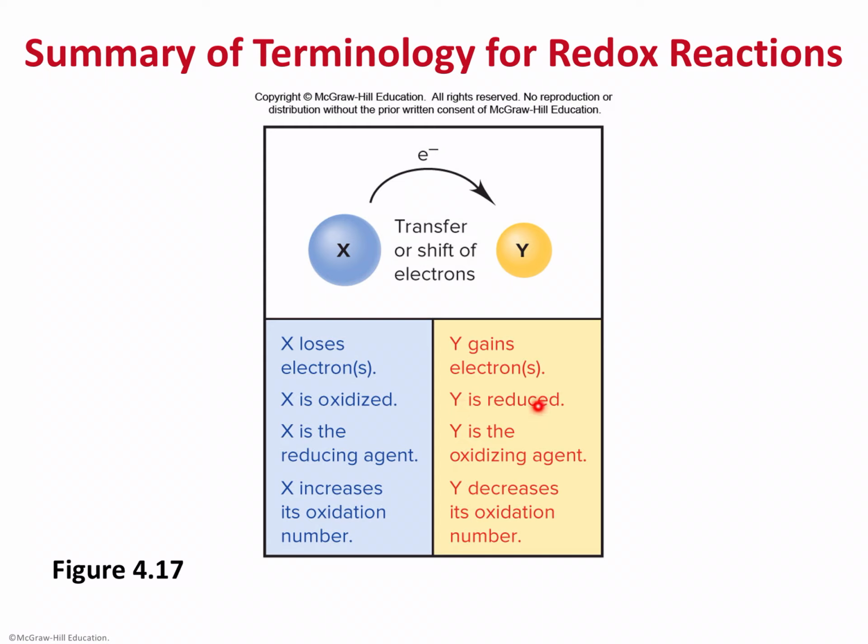And then since Y is helping X to oxidize, we call Y the oxidizing agent. Y is going to decrease its oxidation number because it's gaining electrons. Electrons are negatively charged. If Y was 0 to begin with, by gaining an electron, it becomes -1. If it gains 2 electrons, 0 will become -2. So it decreases its oxidation number.